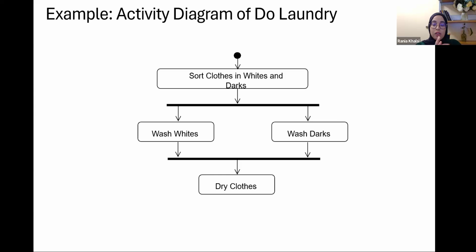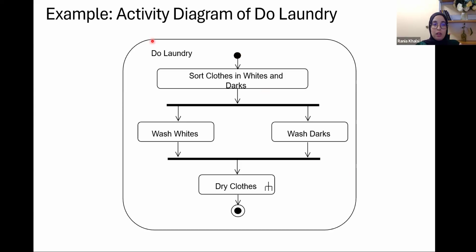From here you are probably going to be able to call the whole activity. Here we have the activity we can call Do Laundry. So we can call it, and this is going to hide some level of detail, and we can even work on it for reusability.